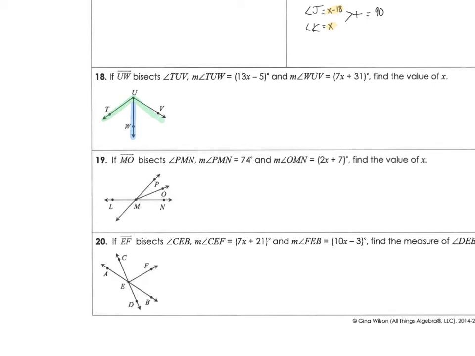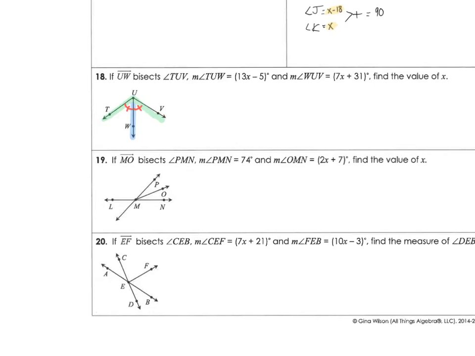What is that going to tell us about these two angles? If it bisects, it means it cuts it in half, right? So those two angles are going to be what? They'll be the same, right? Because a bisect literally cuts the angle in half.